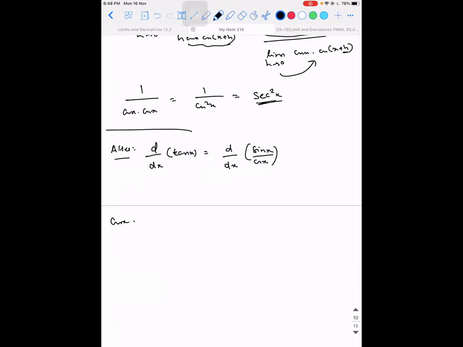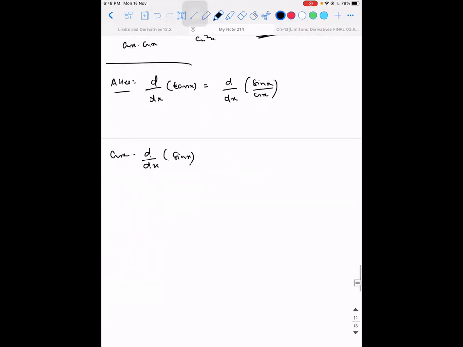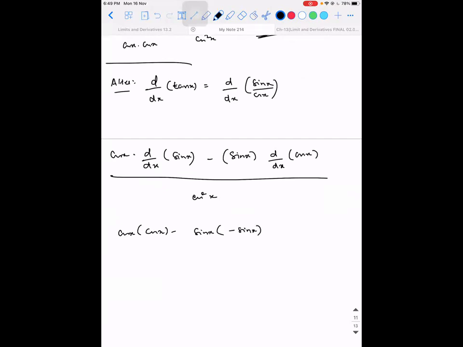Denominator into derivative of numerator, so denominator is cos x into derivative of sin x, minus numerator into derivative of denominator, by denominator square. So cos x into derivative of sin x is cos x, minus sin x into derivative of cos x is minus sin x, the whole divided by cos square x.